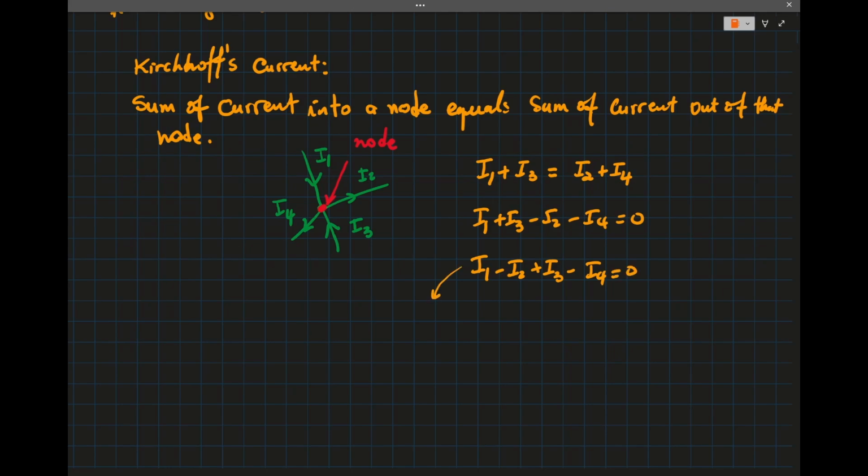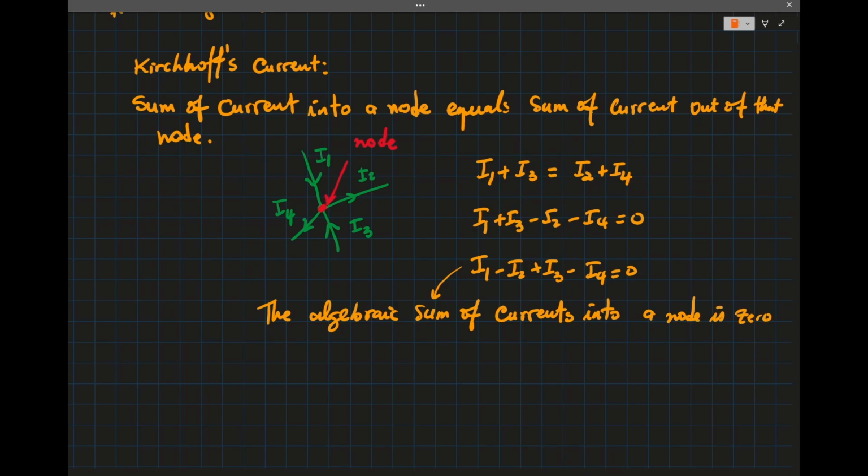So from this definition we also say that the algebraic sum of current into a node is 0.